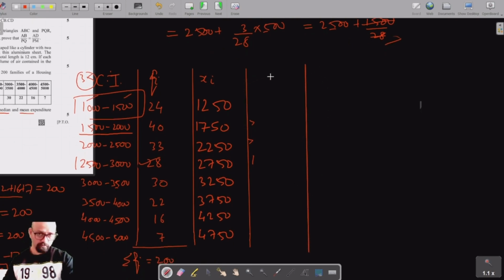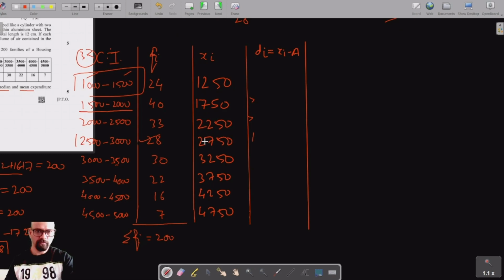And now we have to find out the deviation, that is di, and this is equal to xi minus a. We have a total of 1, 2, 3, 4, 5, 6, 7, 8 terms.